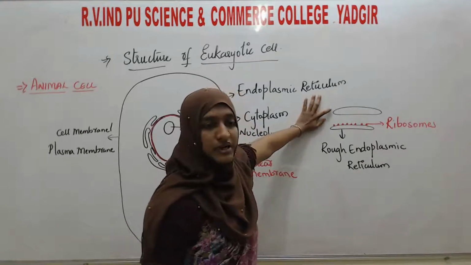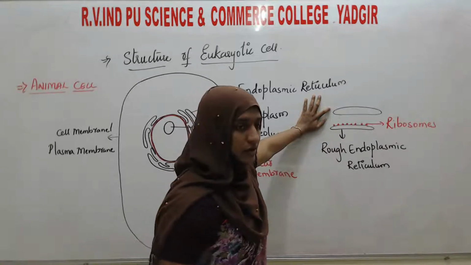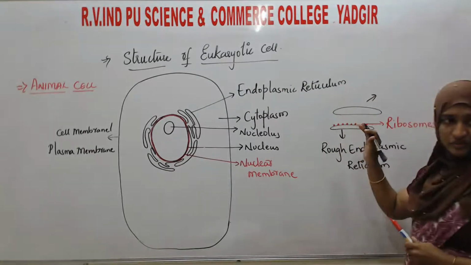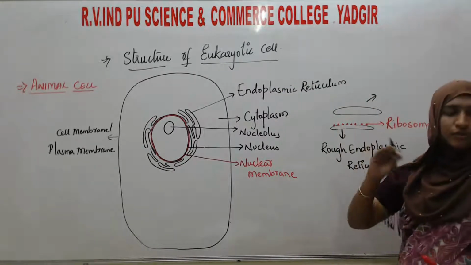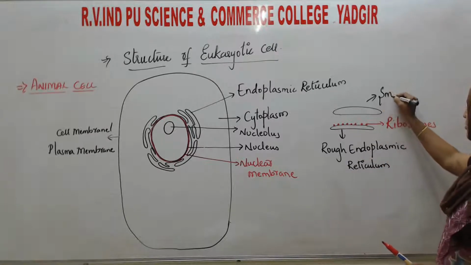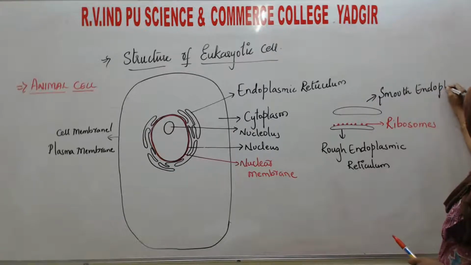One more you can see here is the smooth endoplasmic reticulum, where there are no ribosomes and it forms a smooth surface. That is known as the smooth endoplasmic reticulum.